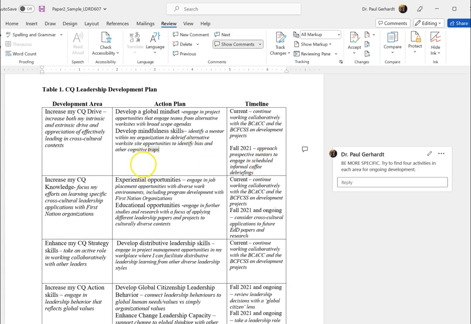Some things are ongoing. Like you might say, for knowledge, visit an Italian restaurant every third Monday of the month with my spouse. And make it your goal and expound on that later outside of this table in the next paragraphs to talk about what the literature says about visiting places that make ethnic foods, and talk about how you want to talk with the owners of the restaurant and get to know them better.